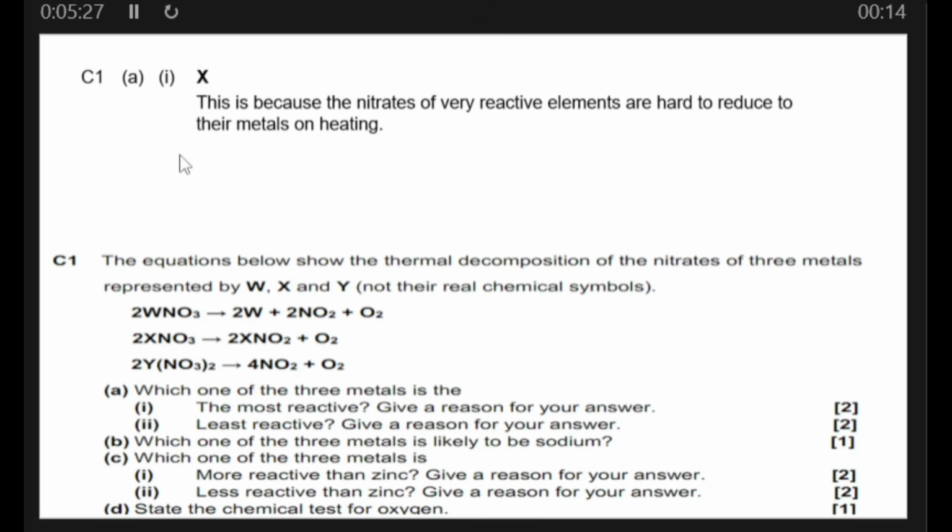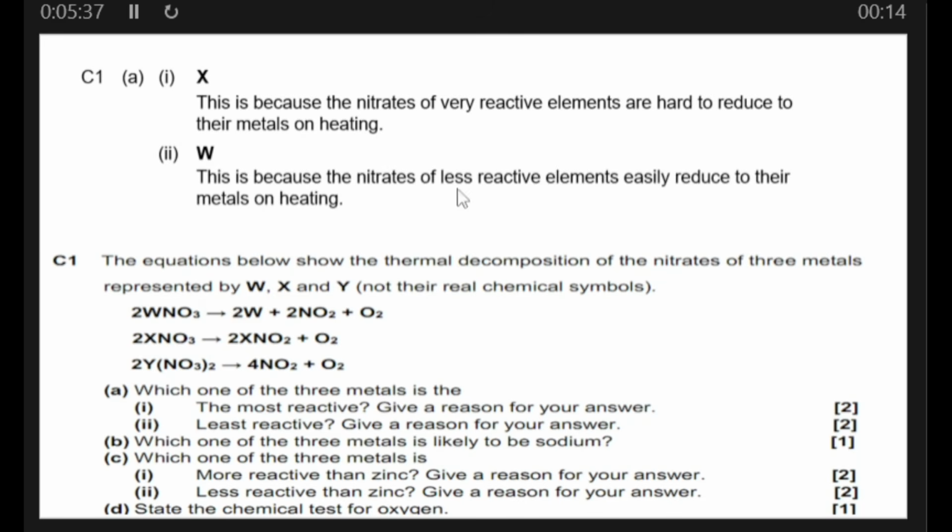Then part 2, it is W, which is less reactive. And the reason is that the nitrates of less reactive elements easily reduce to their metals on heating.